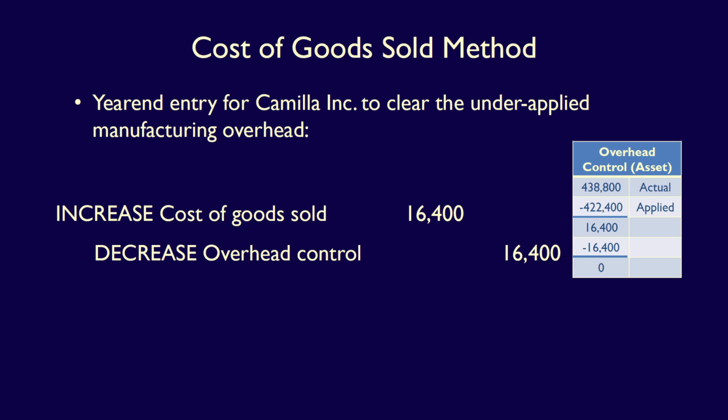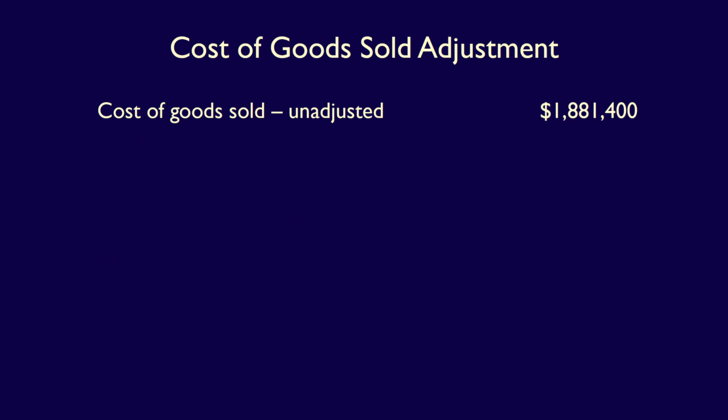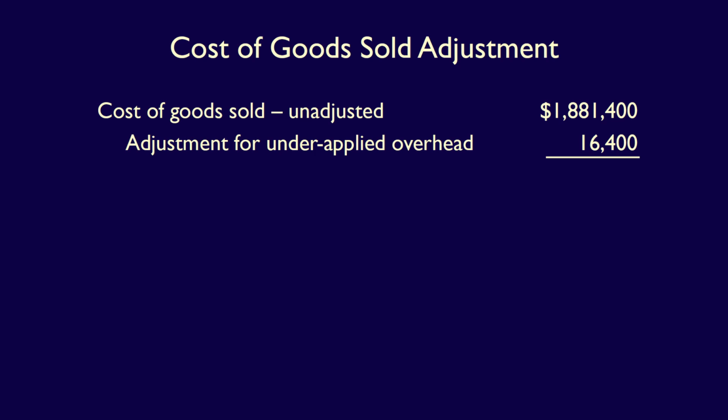How would this entry affect the cost of goods sold calculation? If we look at the unadjusted cost of goods sold, it would start out as $1,881,400. When manufacturing overhead has been underapplied, the difference is added into the cost of goods sold, which would increase the cost of goods sold amount. So the adjustment for underapplied overhead is positive $16,400.